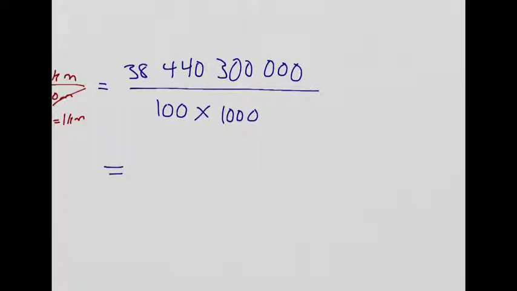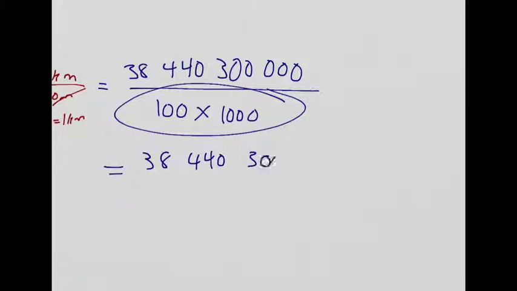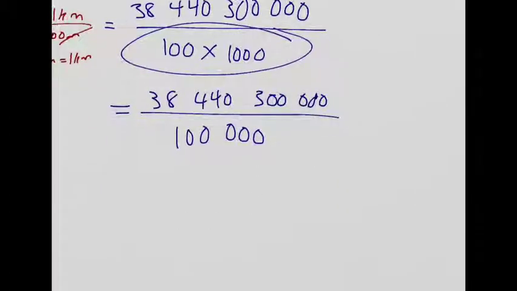Multiply these first together, and then take your top and divide by what you got. If it helps, you can just rewrite it. What is 100 times 1,000? 100,000, right?